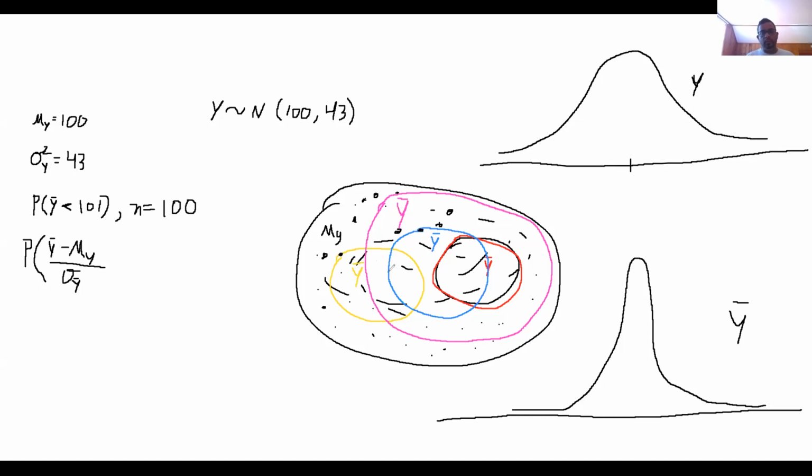They're going to be closer together than, for example, the difference between Y bar yellow and Y bar blue. I expect that to be smaller than the difference of this observation and this observation.